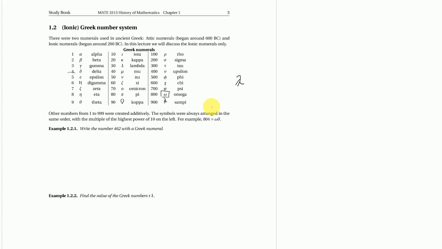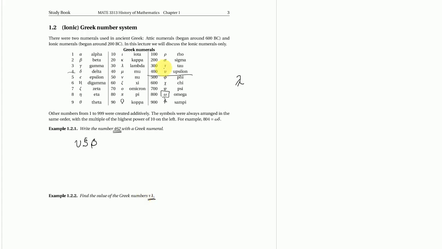Okay? So in that manner, how about 462? So 400 is epsilon, right? So like that. And 60 is psi. Okay, and 2 is beta. So that's it. Then how about this one? Okay? What does that exact value mean?